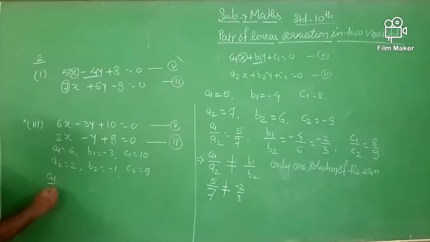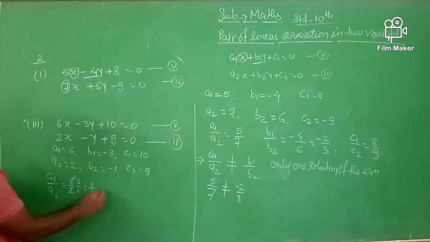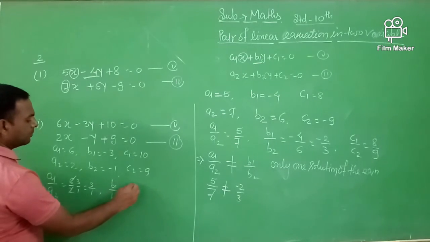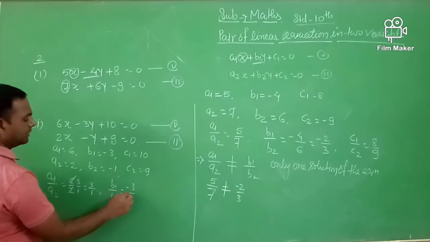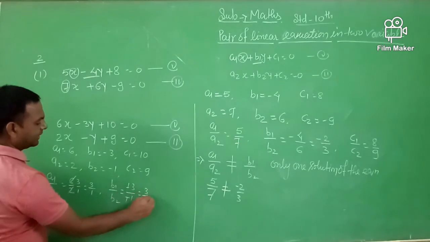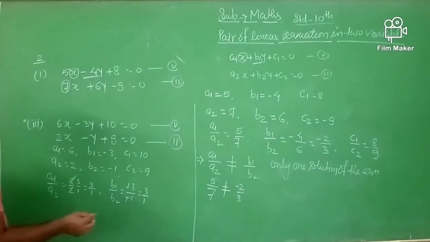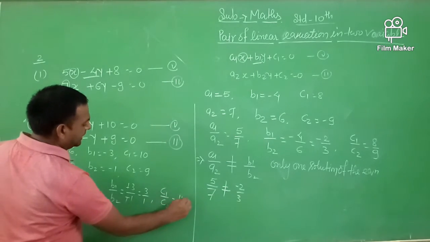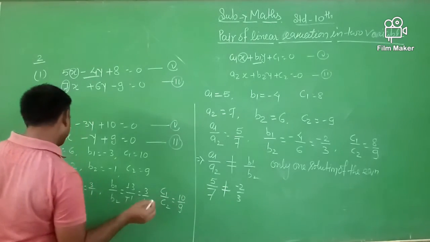Then a1 by a2 is equal to 6 by 2, which is 3 ratio 1. Same, b1 by b2 is minus 3 upon minus 1, minus minus cancel, it is 3 upon 1. And c1 by c2 is equal to 10 upon 9.